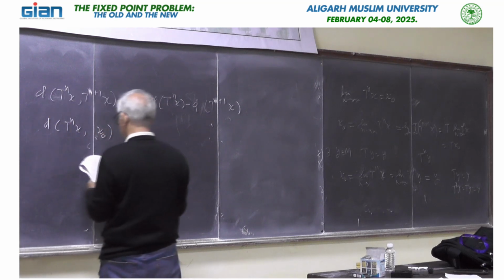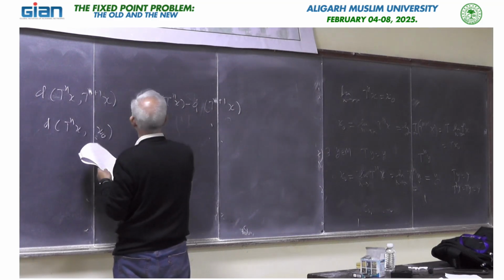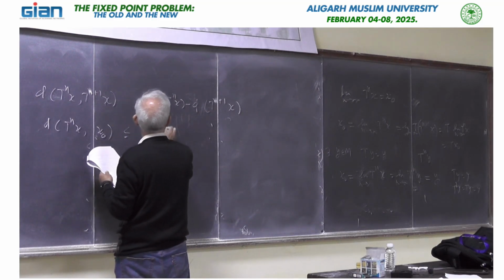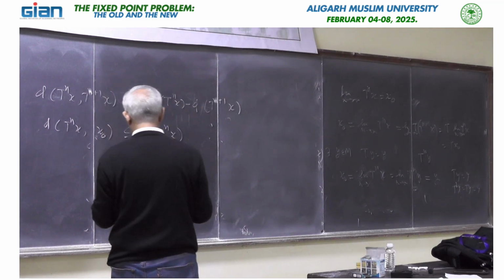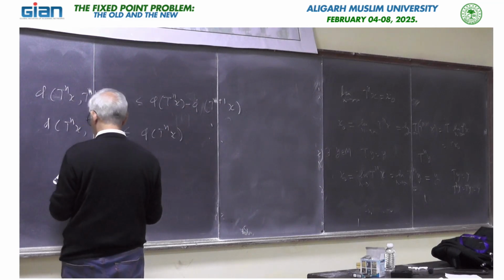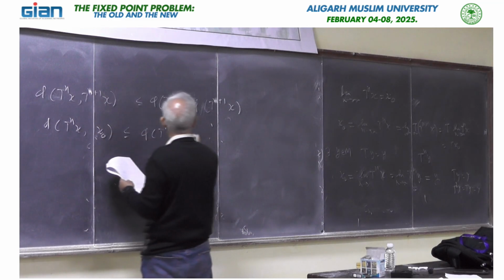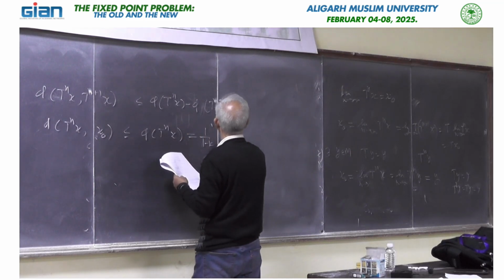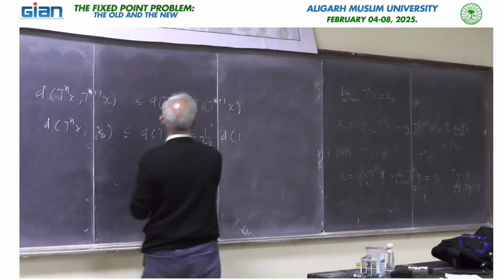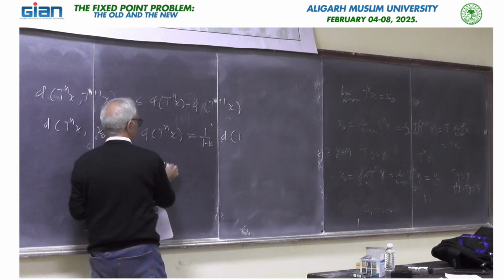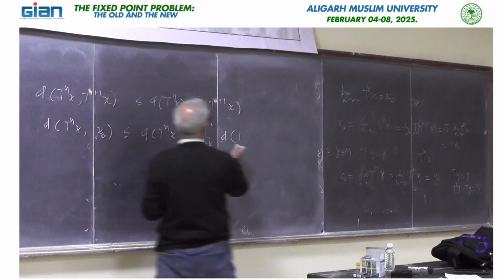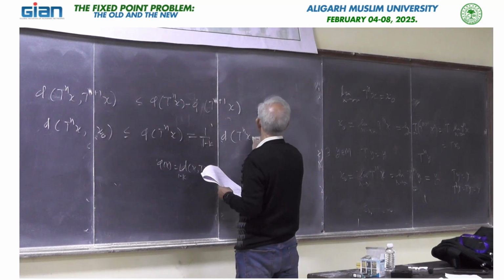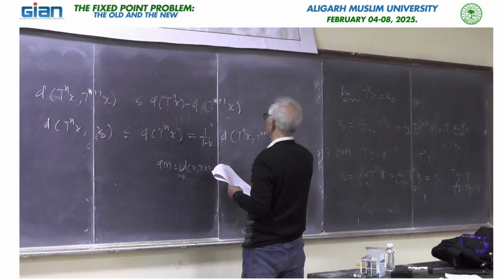and this one was going to 0, and you have Tn of x. But what is phi of Tn x? By definition, phi of x is d of x, Tx over 1 minus k. So for this you have phi of Tn x, Tn plus 1 x.